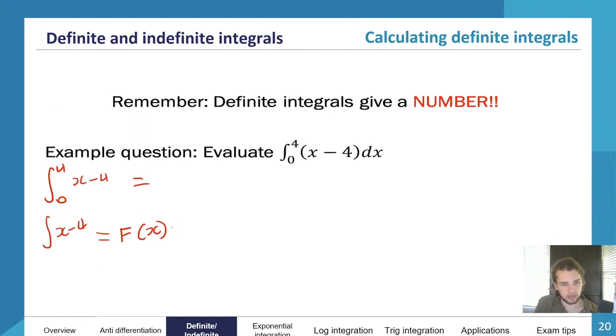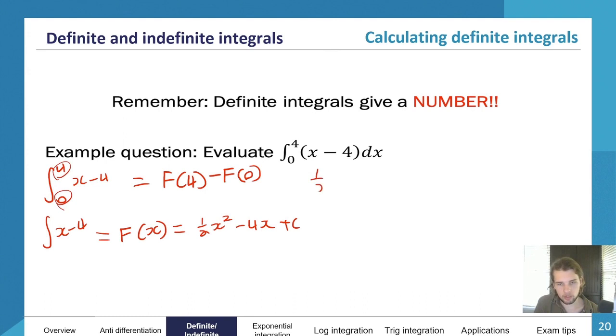Now we'll say, okay, therefore F(x) is equal to 1 over 2 x squared minus 4x plus c. So now we have this over here with these definite values. This definite integral has F(4) minus F(0).